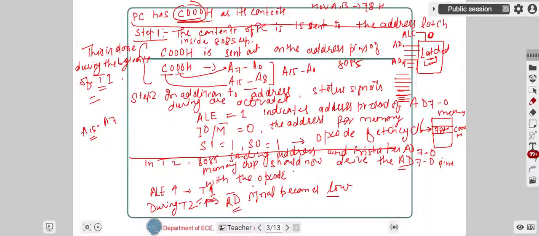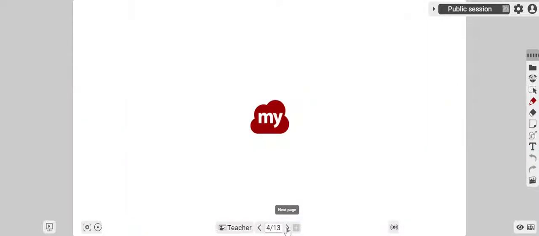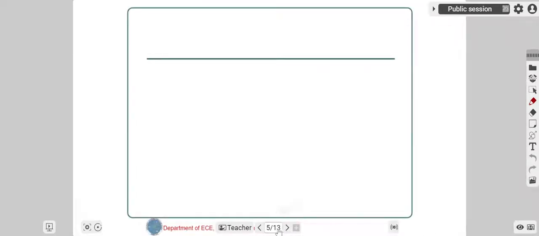Okay, so we have seen up to T2 here. What will happen at the end of T2? Let us see.